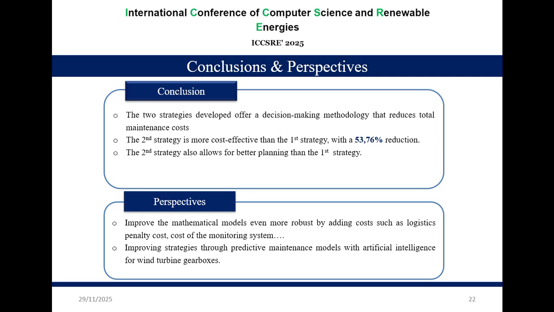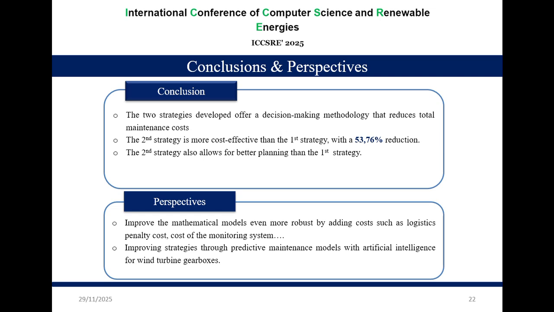In the perspectives, we can say that we can make the mathematical models even more robust by adding costs such as logistics penalty costs, cost of the monitoring system also, and so on.